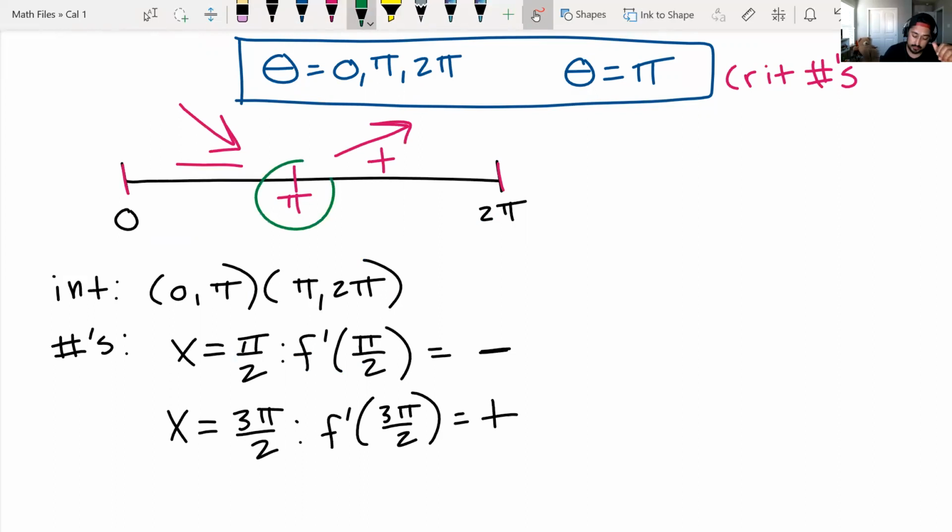This means that since we decrease and increase at pi, x equals pi is a minimum. And to find the exact location of that minimum, well, plug it into the original function, f of pi.